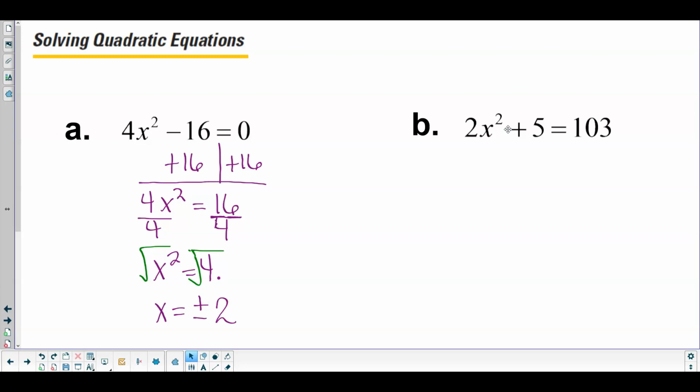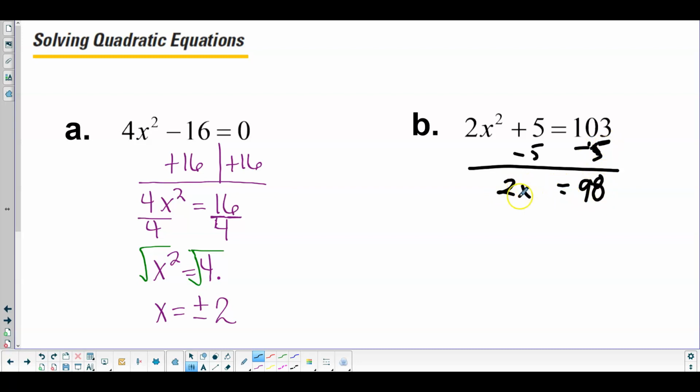All right, if you've tried that and you are paused and you worked it out, hopefully you have the same result. I'm going to add 5 to both sides. So this ends up being 98. I'm sorry, no. We're subtracting 5. Try that again. So we're going to minus 5 from both sides because we already had a positive 5. So that's how we're getting 98.